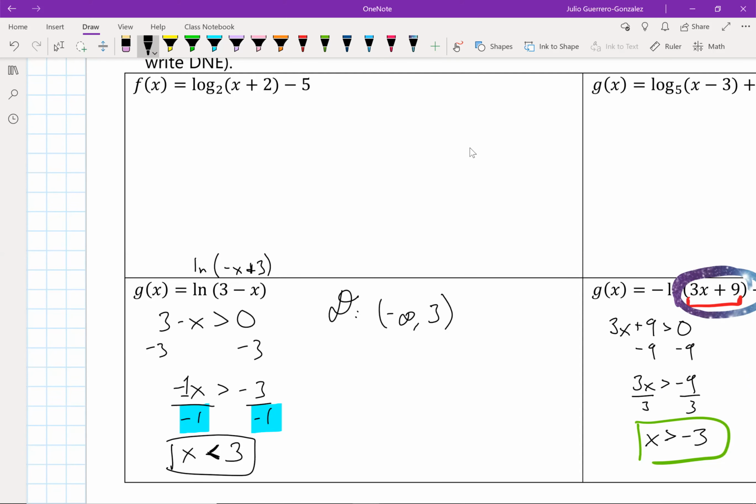So this graph, let me see. How about this? Where's the asymptote? Three.